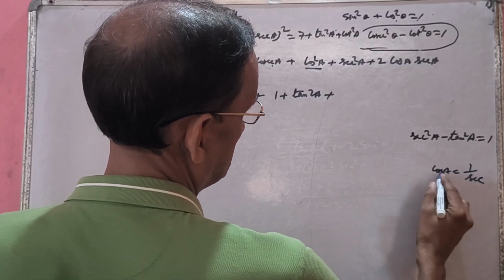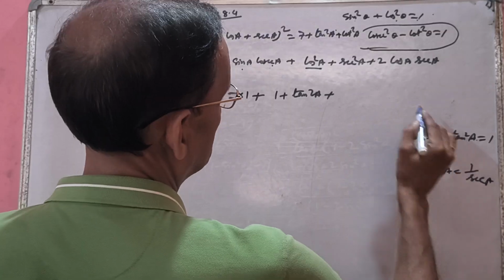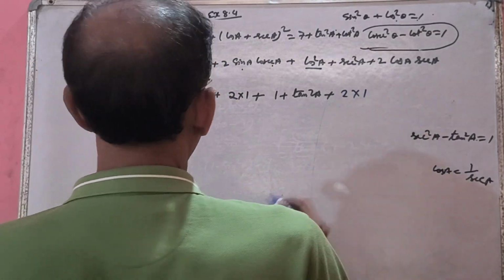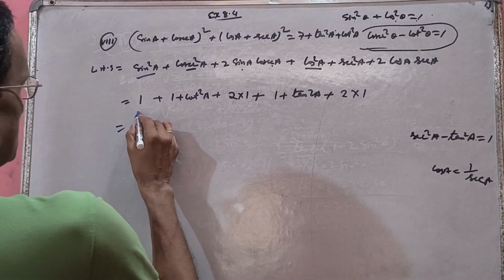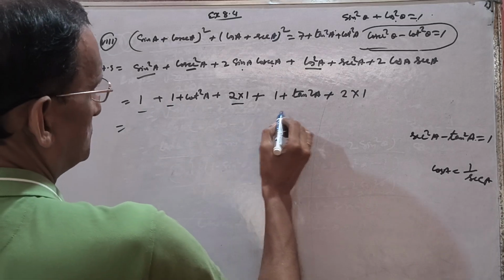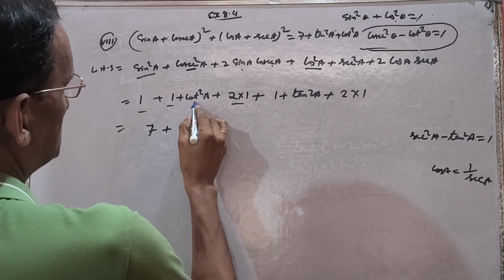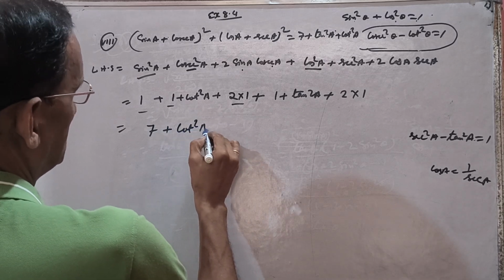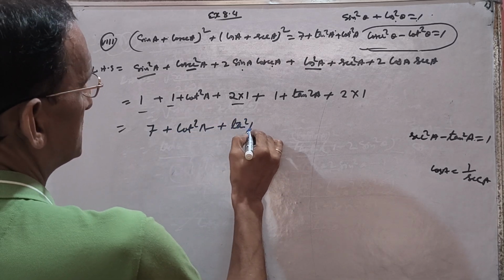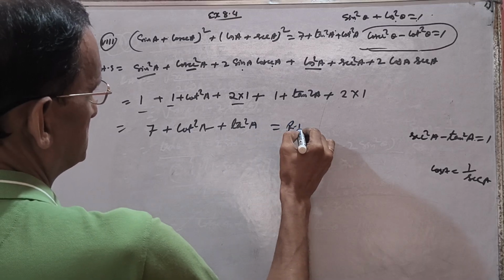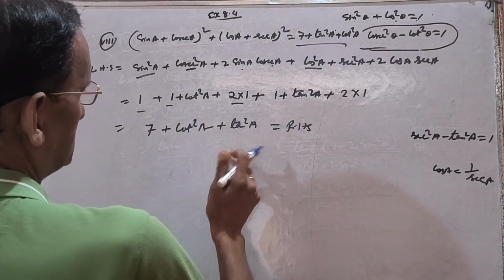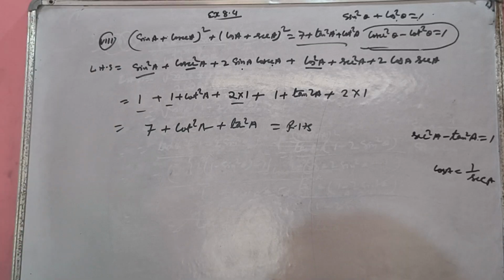So 1 by sec A. So cos into sec, what we will get? 1, so 2 into 1. Okay, this is 1 plus 1, 2, 2 plus 2, 4, 4 plus 2, 6 plus 1, 7, plus, what is this? Cot square A plus tan square A. This is the RHS. Same thing, no? Tan square A here.